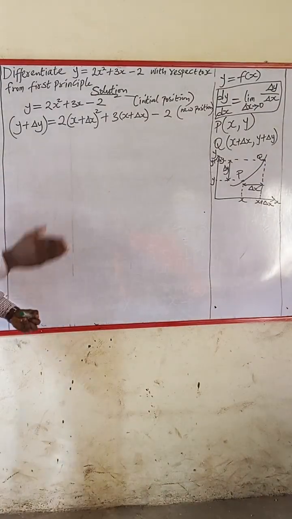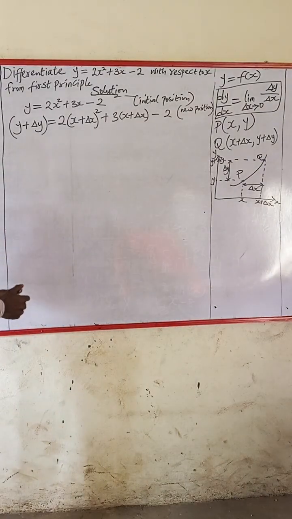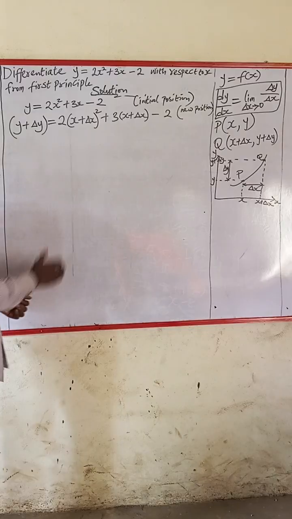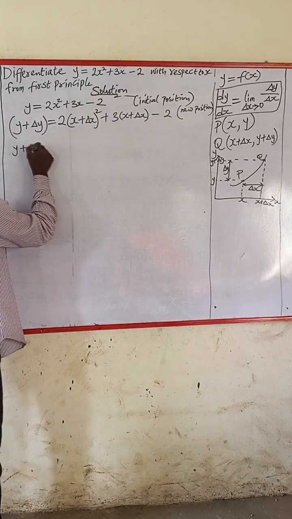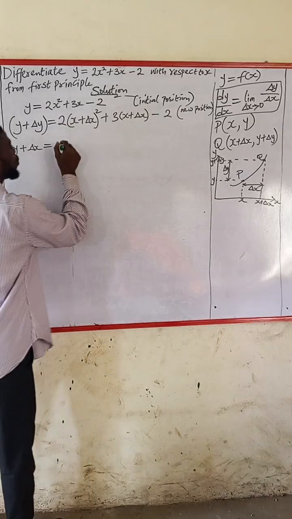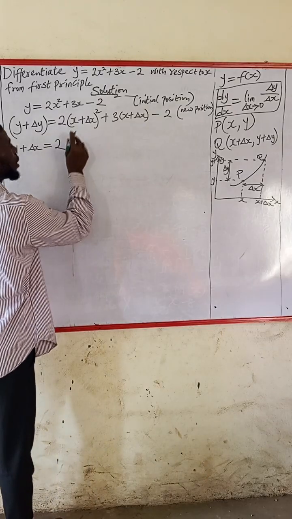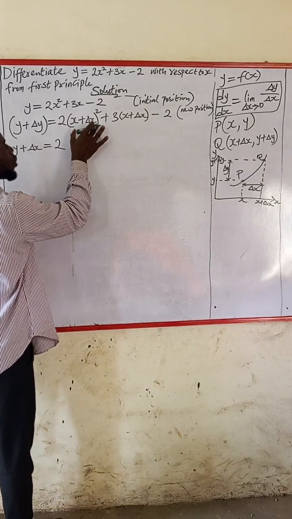Now we want to see the rate at which this changes. We are saying that the new position is this. Let's try to expand this. This would now be that y plus change in y is equals to 2 bracket, let us try to expand this bracket.